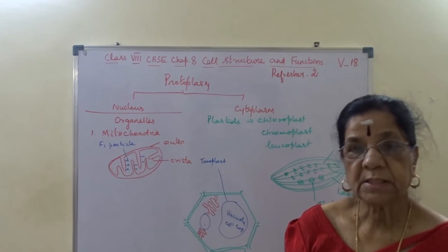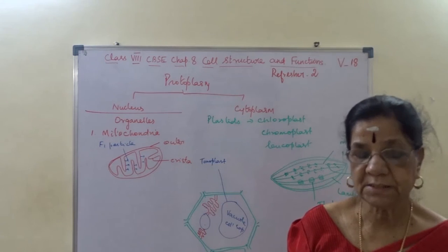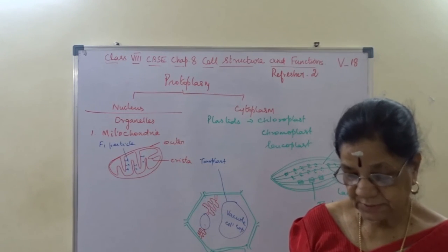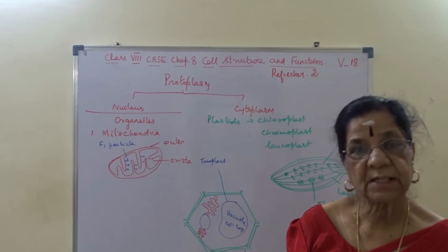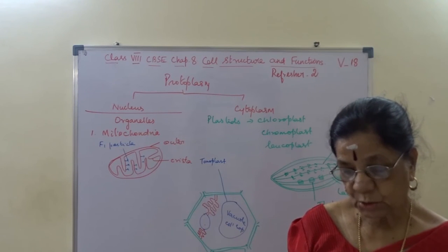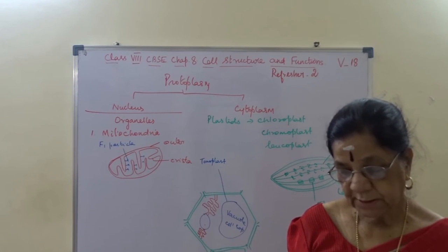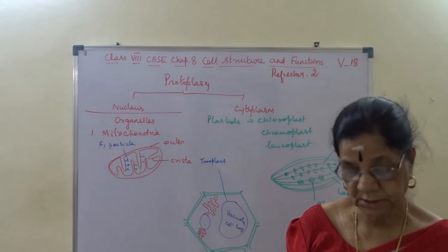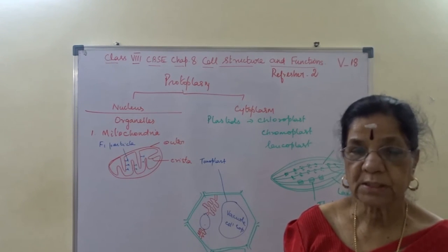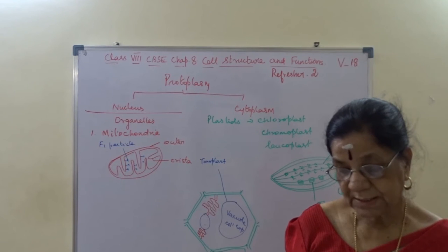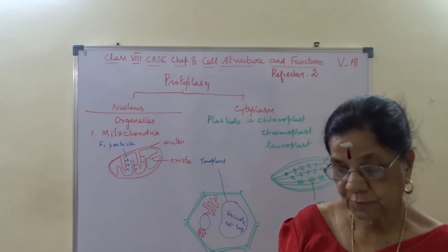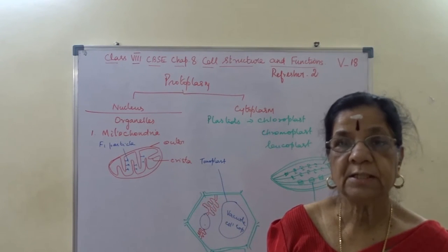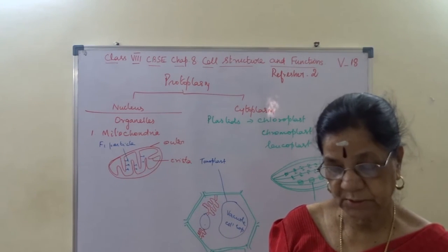The colored pigments: chloroplast is green color, chromoplast is a different colored pigment, and leucoplasts are colorless and help to store starch, oil and protein molecules.